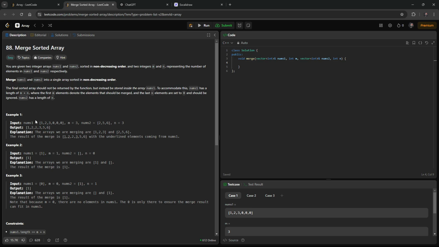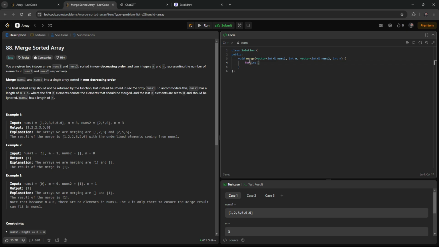The other method is I could simply append nums2 to nums1, and after that arrange this array in non-descending order again. Let's try both methods. First of all, I am trying the second method.